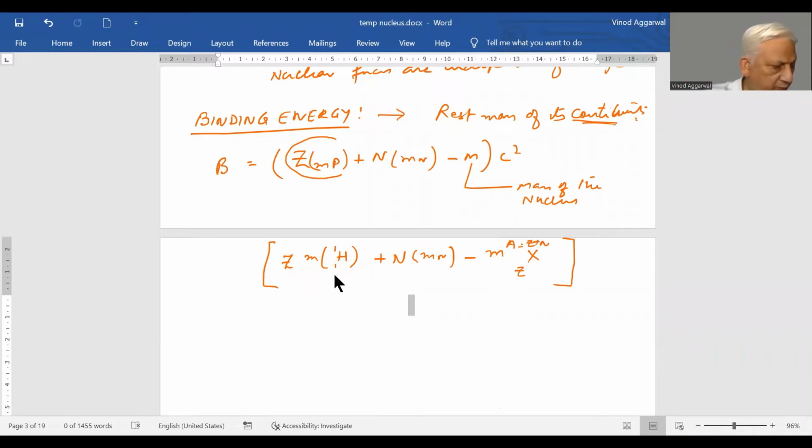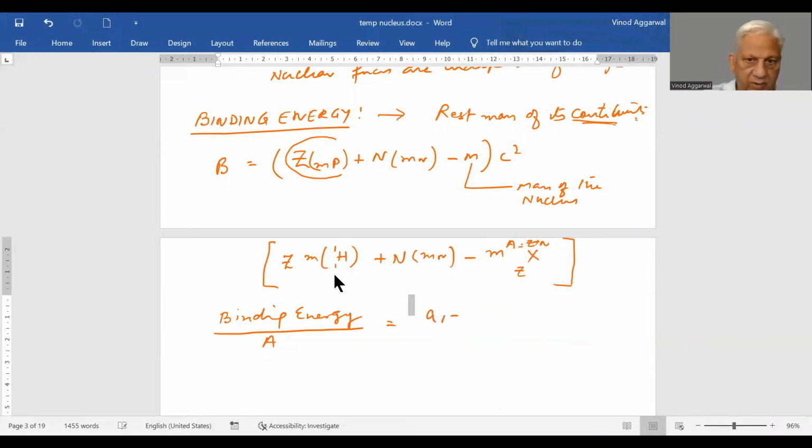Now we define another term, binding energy per mass number, which is equal to A1 minus A2 minus A3.